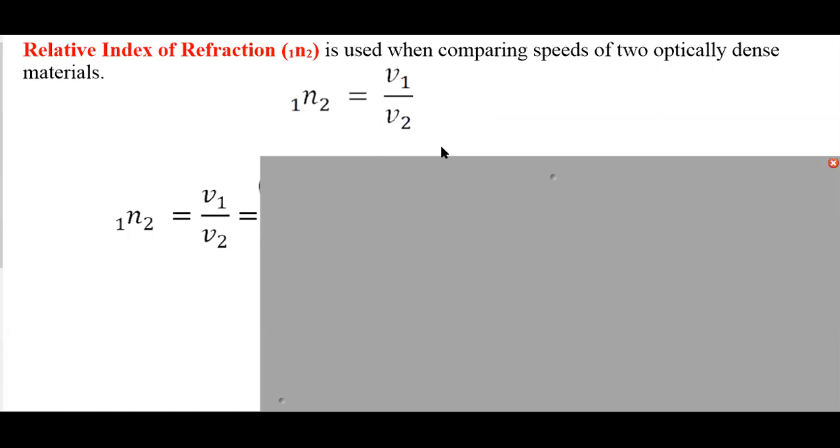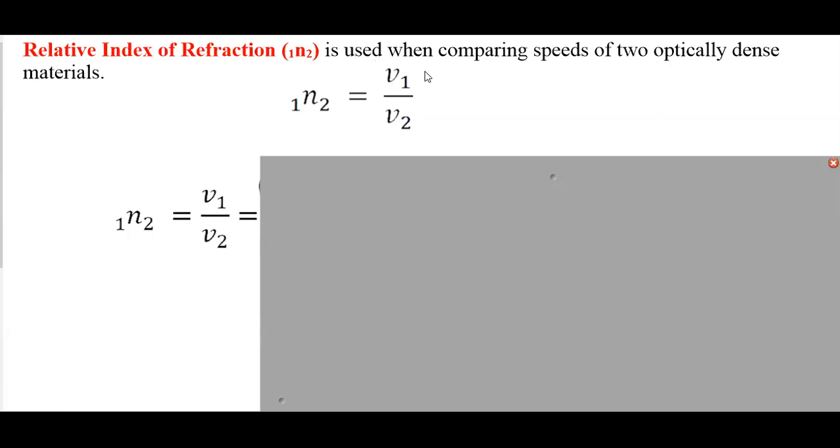So what physicists tend to do is use something known as the relative index of refraction. That's when you're comparing light traveling from one medium to another, where neither of those mediums is a vacuum. Because we don't typically know what V1 or V2 is, we combine that with our absolute index of refraction equation.